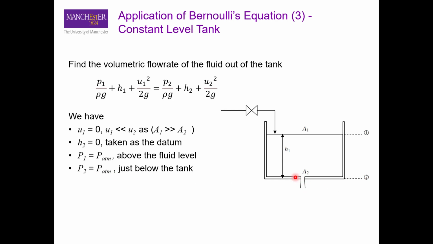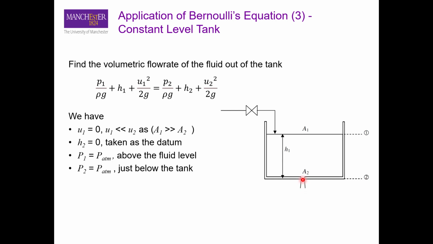And the reason for that is that when you are inside this container, you have a pressure P2. As you go down, your pressure increases. But when you reach this point and the jet is going to exit the tank, all that pressure is going to convert from pressure head to velocity head, and that is why your velocity is much larger, because your pressure head actually gives increment to the velocity.